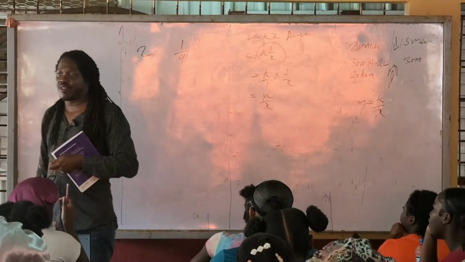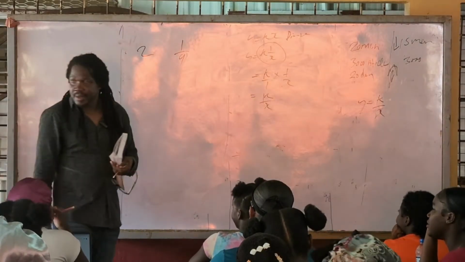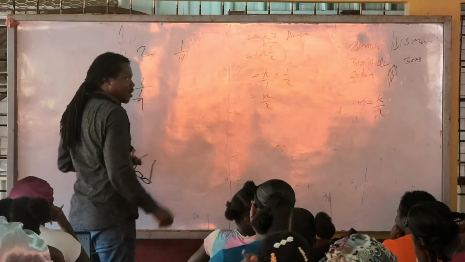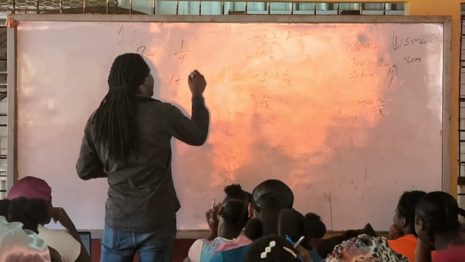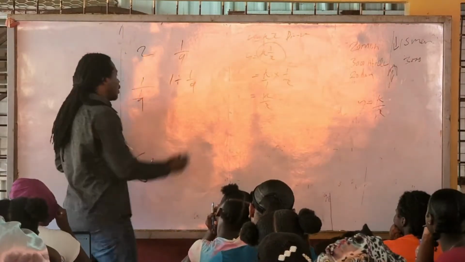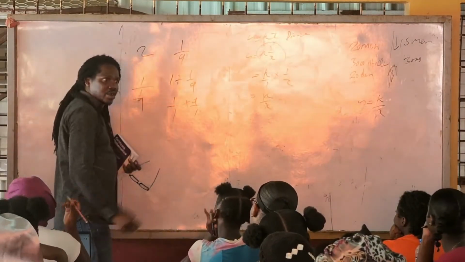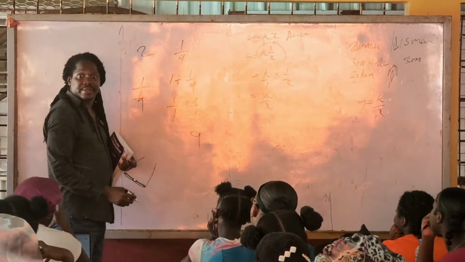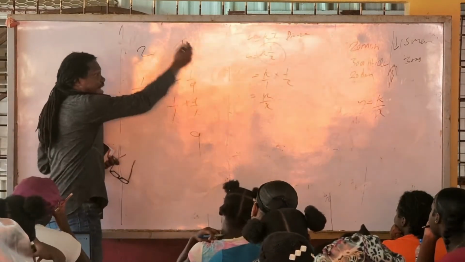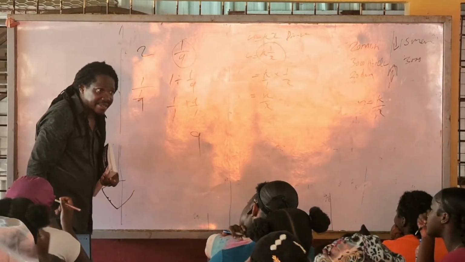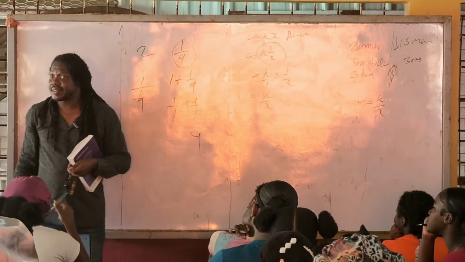The reciprocal of 1/9 is 9, because it is 1 over 1 over 9, which is equal to 1 divided by 1 over 9, which is equal to 1 over 1 times 9 over 1, which is equal to 9. Everybody understand that?